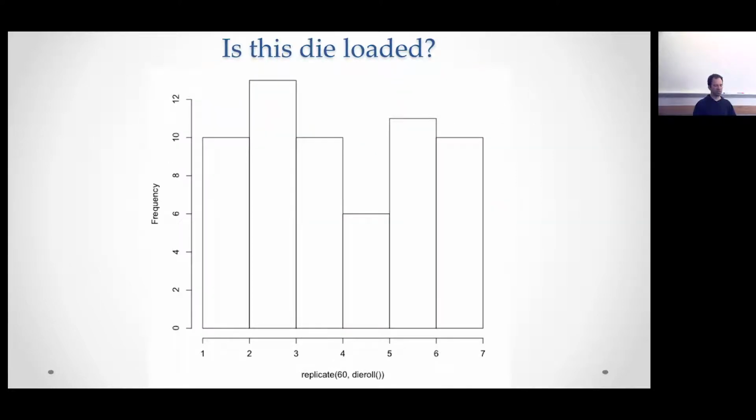The easiest way to start talking about statistical significance is going back to this classic type of statistical question. People have been talking about this for hundreds of years. Here we have a histogram of die rolls, which I just built in R using the code at the bottom.